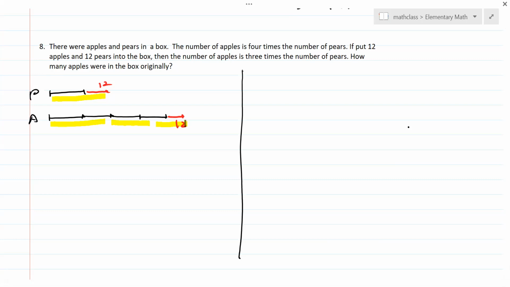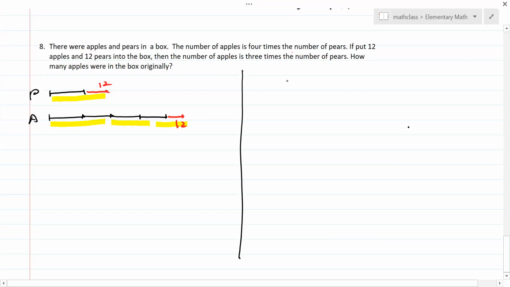How do you compare that? All right. Probably this time the equation is better.